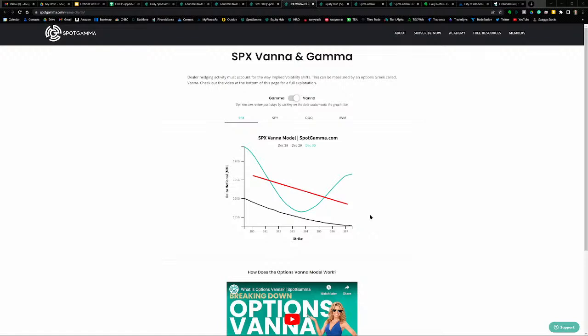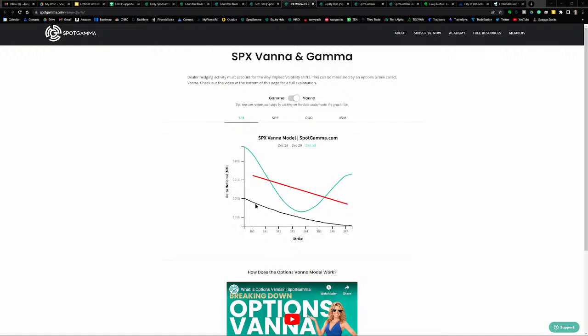What this is showing is that as price decreases, market makers' delta notional, delta exposure increases, and they have to sell futures to hedge their delta exposure. I just drew an approximate line through this green curve.